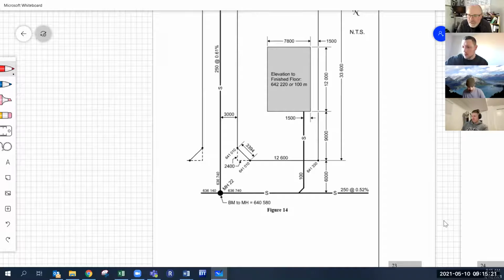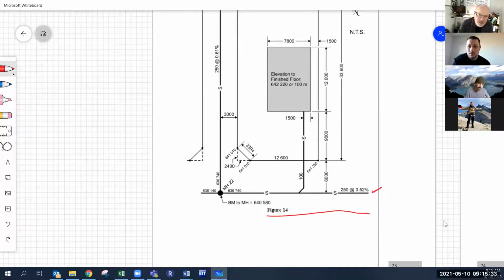So can anybody tell me, just shout it out if you can, which way this sewer runs? It runs this way to the west, yes? You can tell by where this is. That's right, Jarrett, correct.